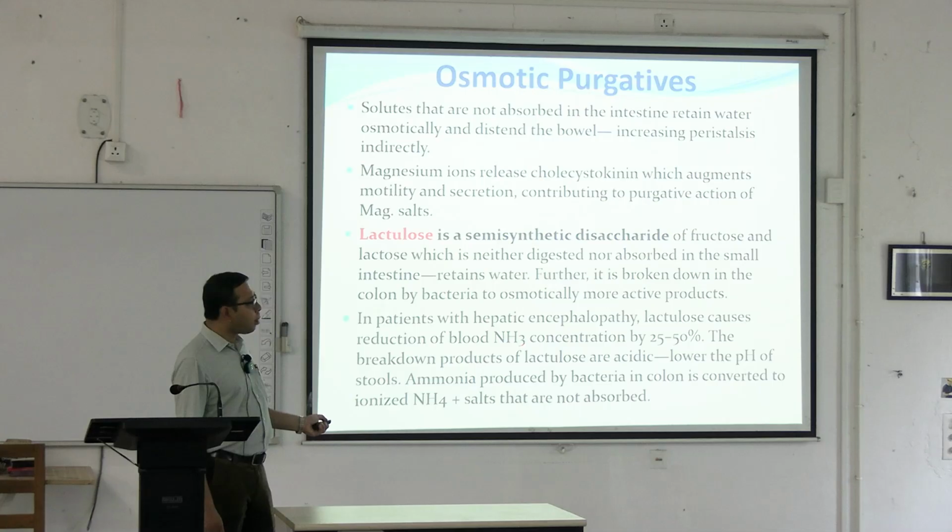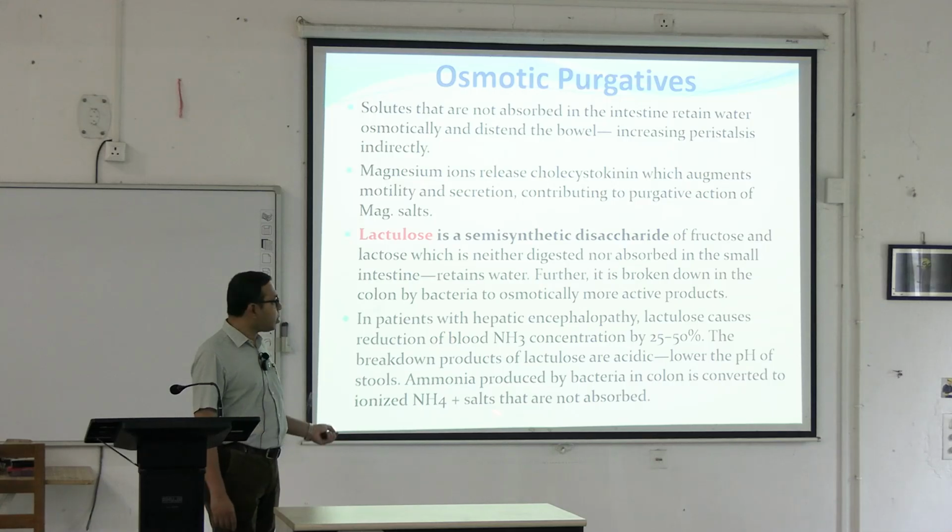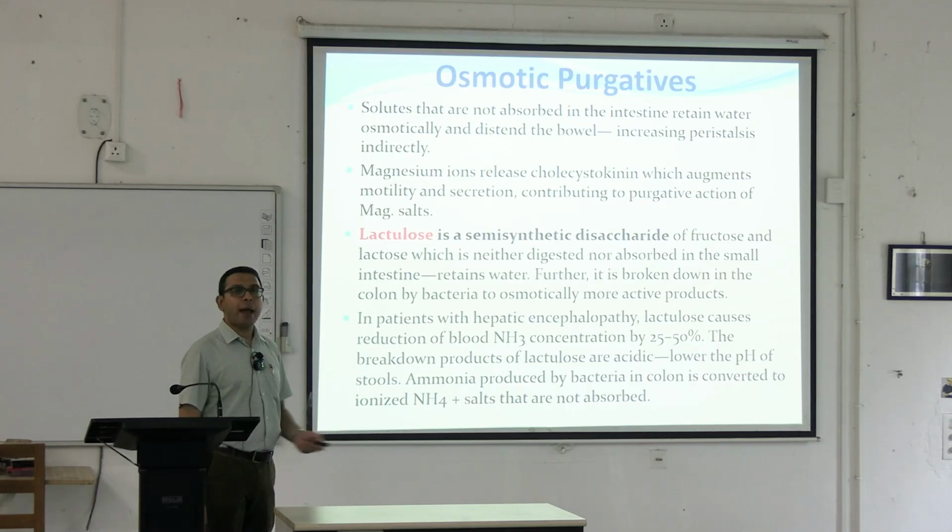The breakdown products of lactulose are acidic, so they lower the pH of the stools. Ammonia produced by the bacteria in the colon is converted to ionized ammonium, the NH4 salts, that are not absorbed.